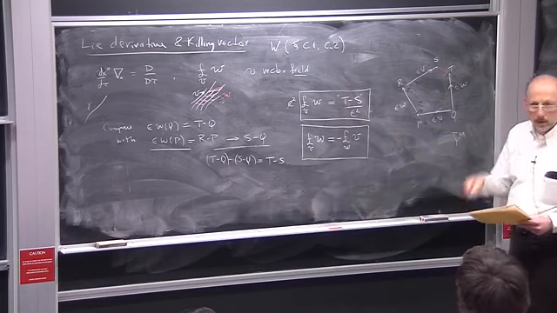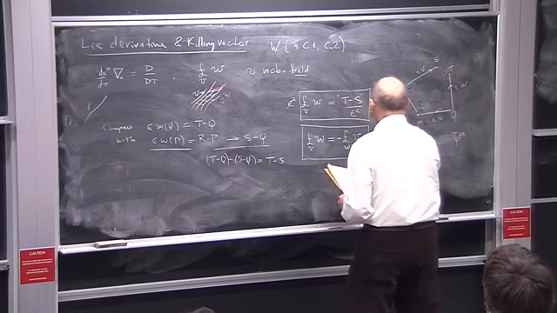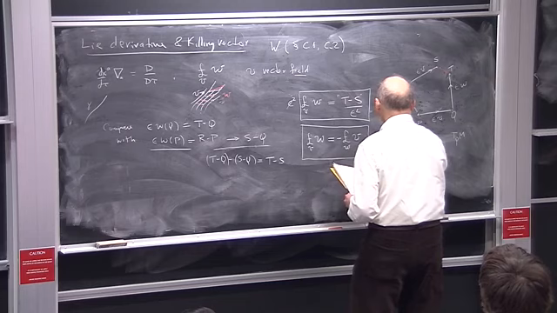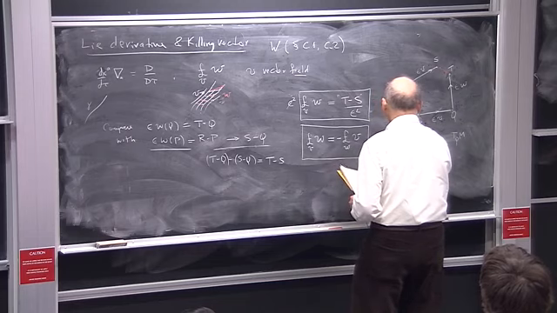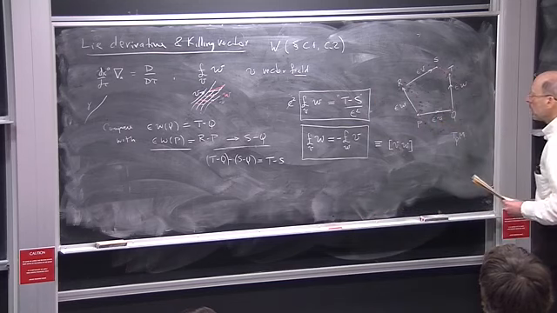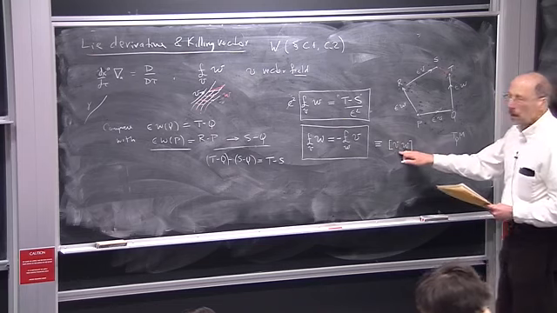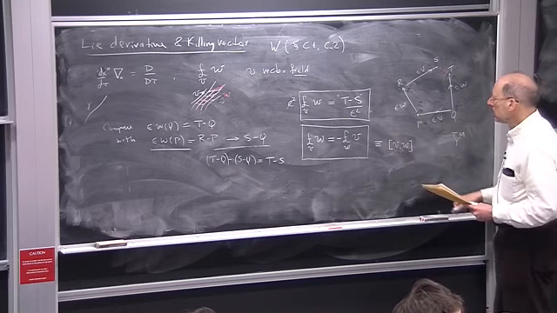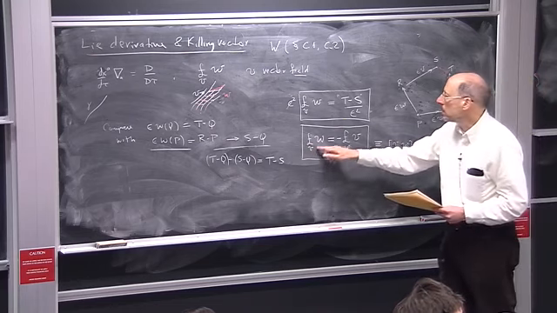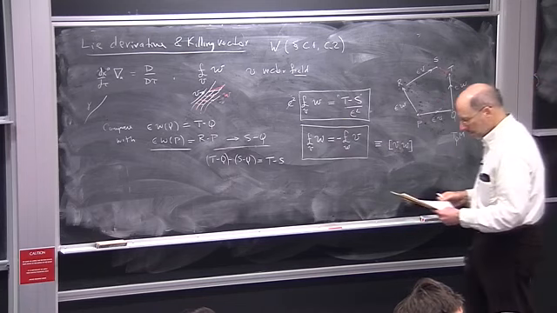And for that reason, or probably for that reason among others, a notation is often used, which we'll use, this sort of bracket notation. Commutator is another name for the Lie derivative of W along V. Okay.